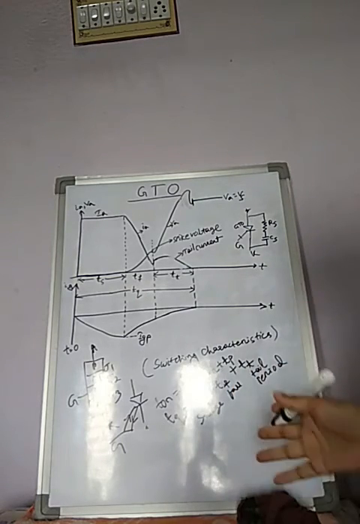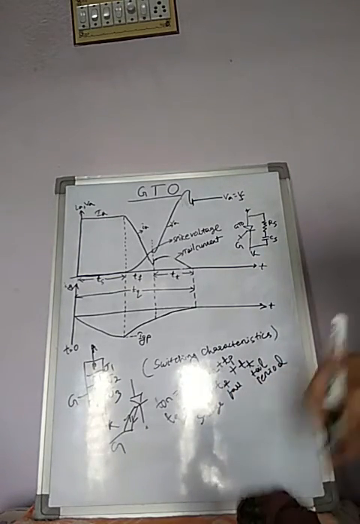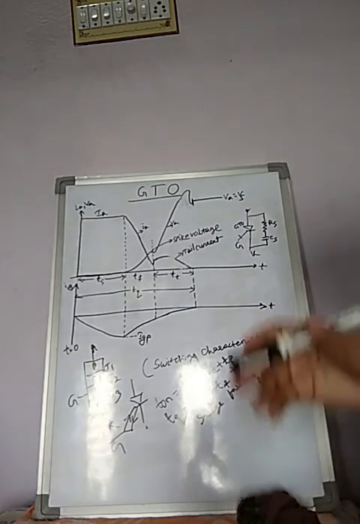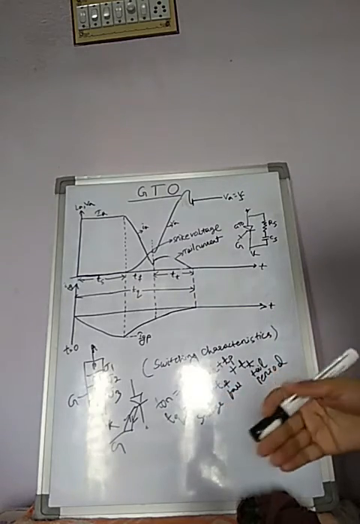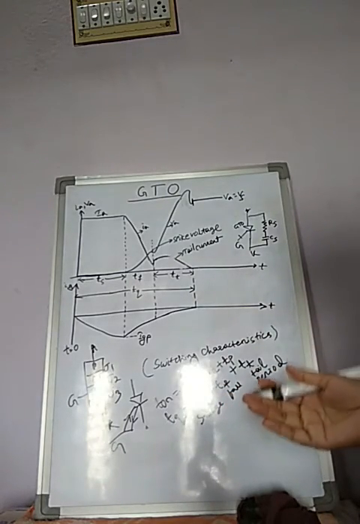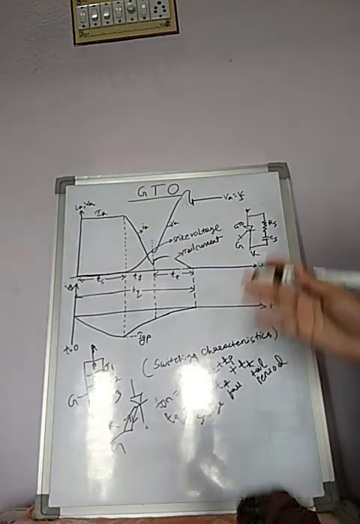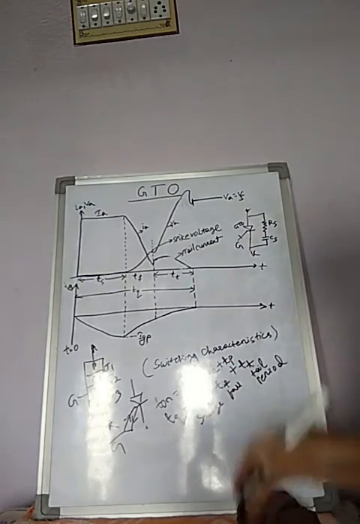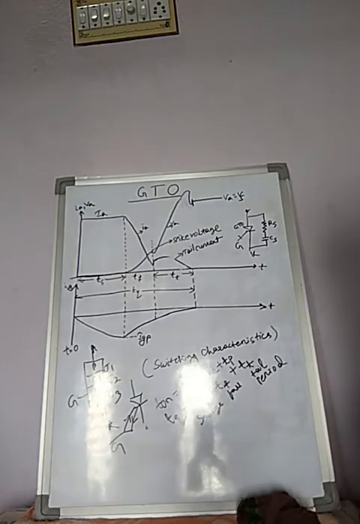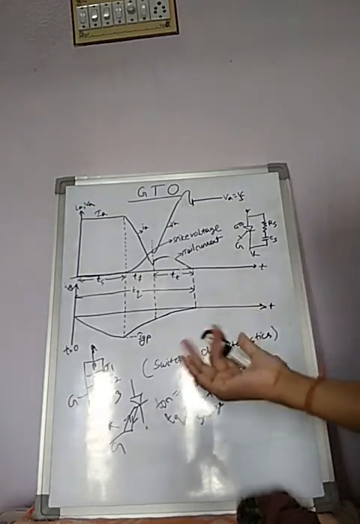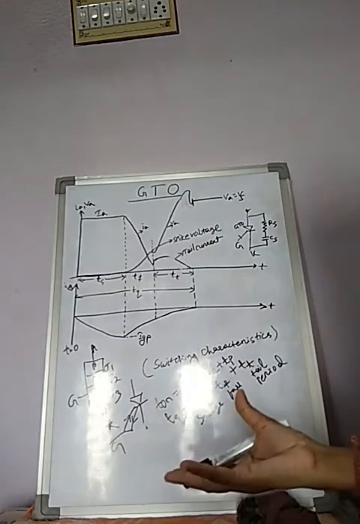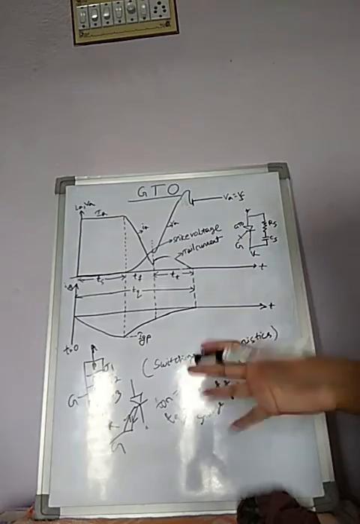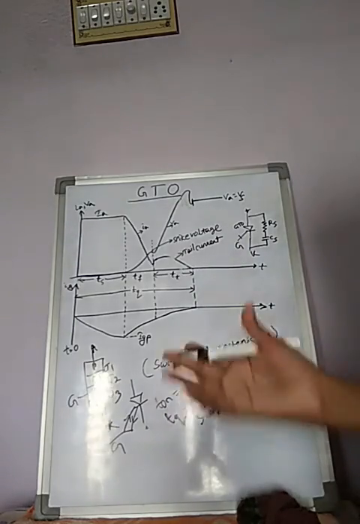Why higher efficiency? The gate drive power loss and on-state loss are more, but are more than compensated by the elimination of force commutation losses. That means when we use a conventional thyristor, for its turn-off we need a force commutation process, with external circuitry.